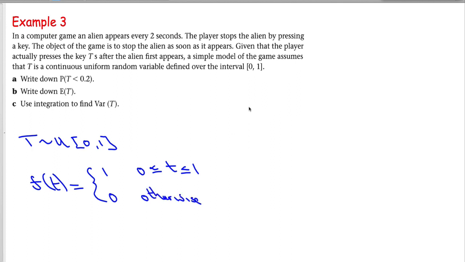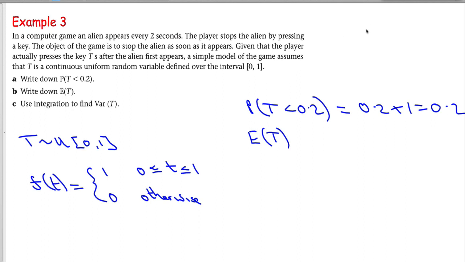Okay, the probability that t is less than 0.2 must equal the distance between 0 and 0.2 times 1, which is 0.2. The expected value of t, by symmetry, must equal a half, 0.5.